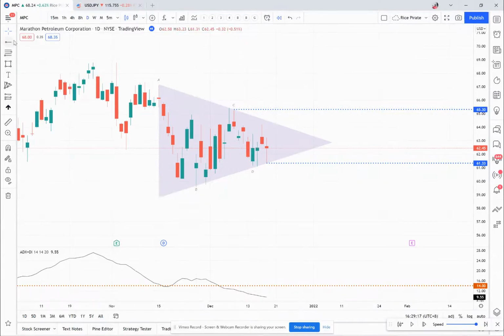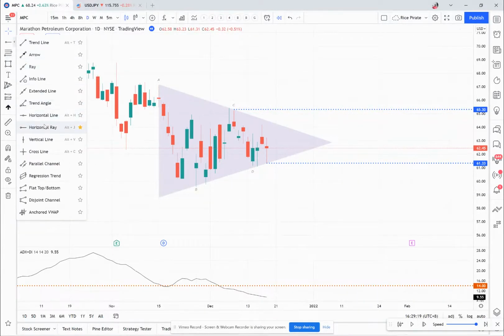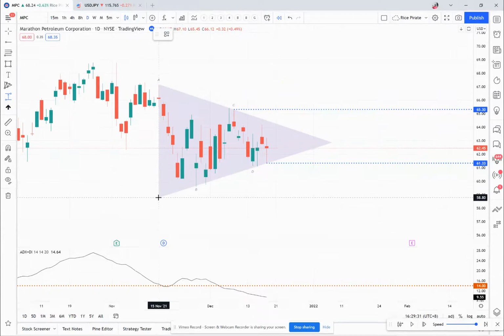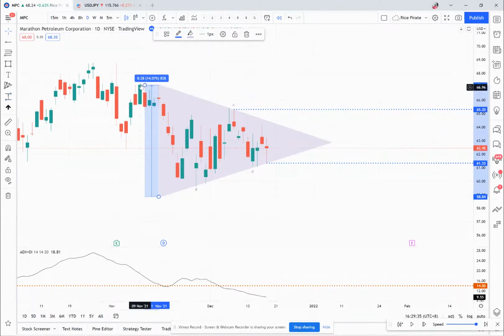But what I'm going to be looking at also is, where is my target? Now, let's see, I've got to find the right tool. My target is going to be about $8.28 on a $65 stock.